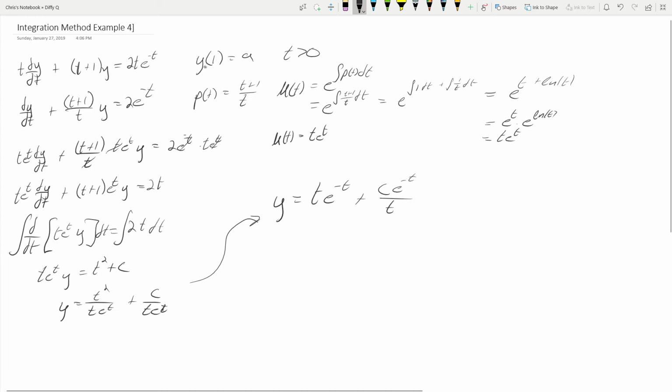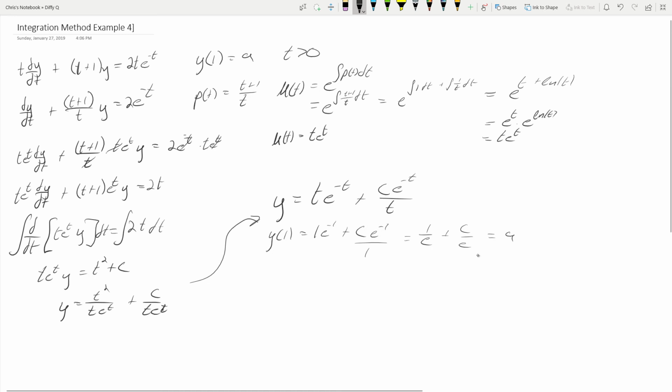So now we're going to use y(1) is equal to a. So y(1) is equal to 1 times e to the negative 1 plus c e to the negative 1 all over 1, which is going to give us 1 over e plus c over e is equal to a.